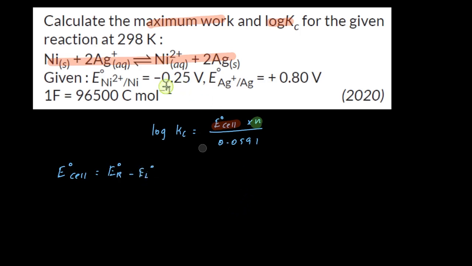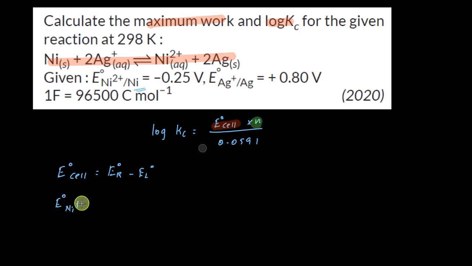Here, let's first talk about how to find out which one is ER and which one is EL. That can be done in two ways. The first way is to look at which one has the smallest value. Let me write the values of E naught here.